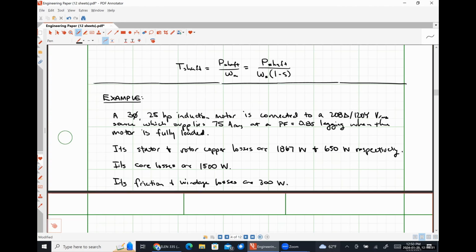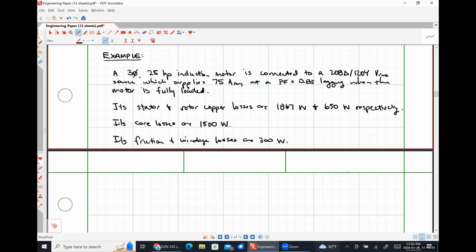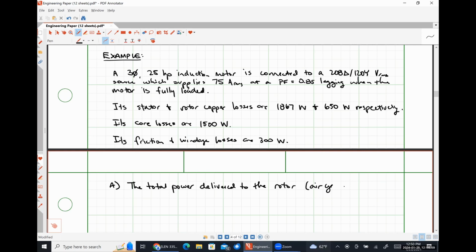I want us to use this information to determine A, the total power delivered to the rotor. So this is our air gap power.